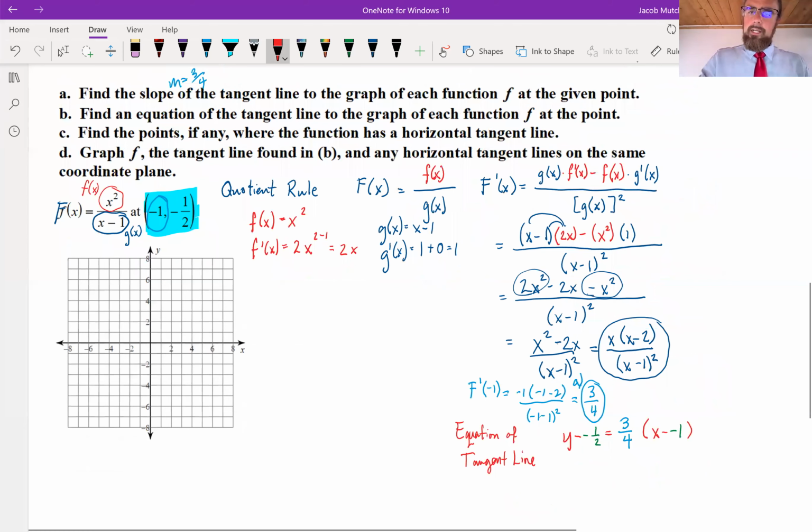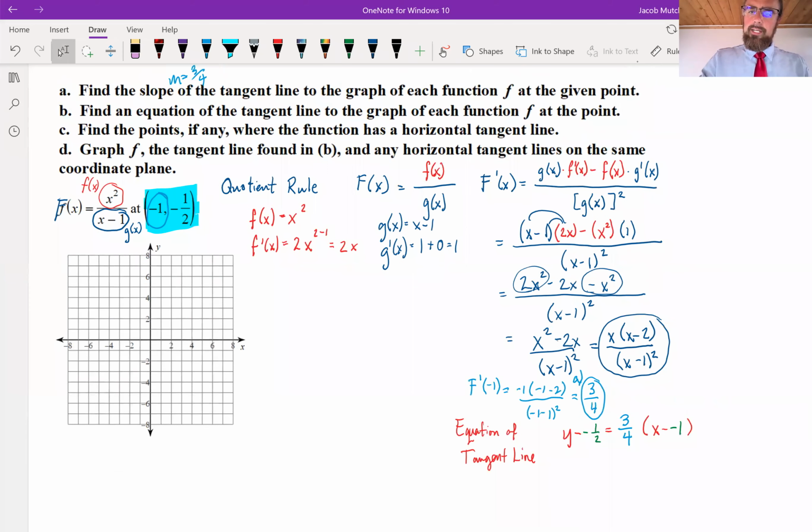So what I've got now is y plus 1/2, the double negative turns positive, equals 3/4 x. And then if I distribute to that +1, when those double negatives reconcile, that's +3/4. And then if I subtract half from both sides, that'll give me my slope intercept graphable form.